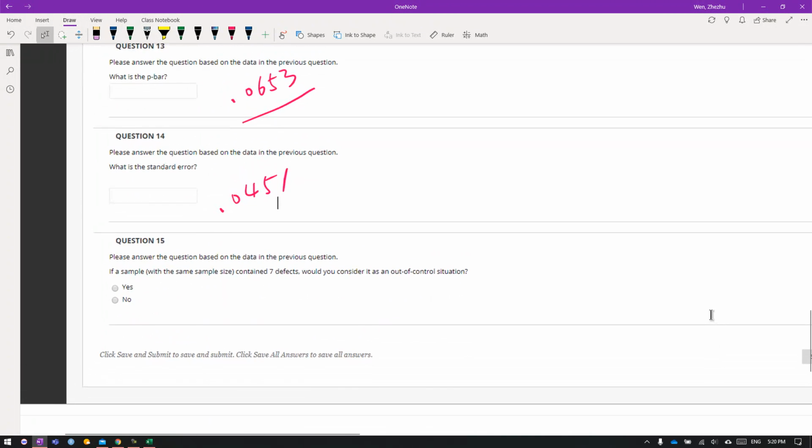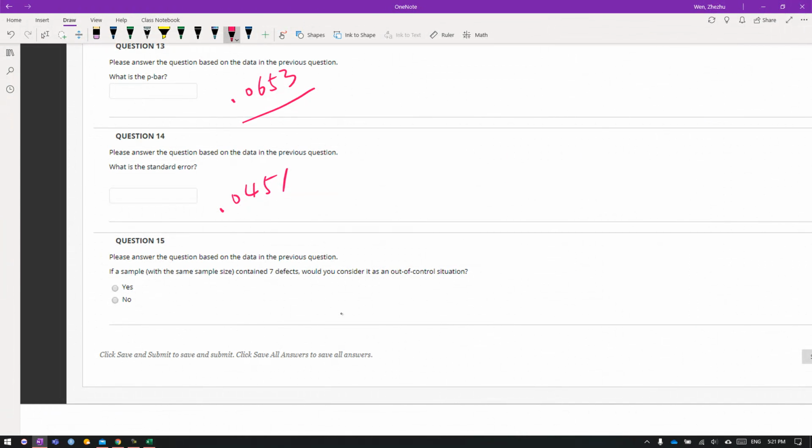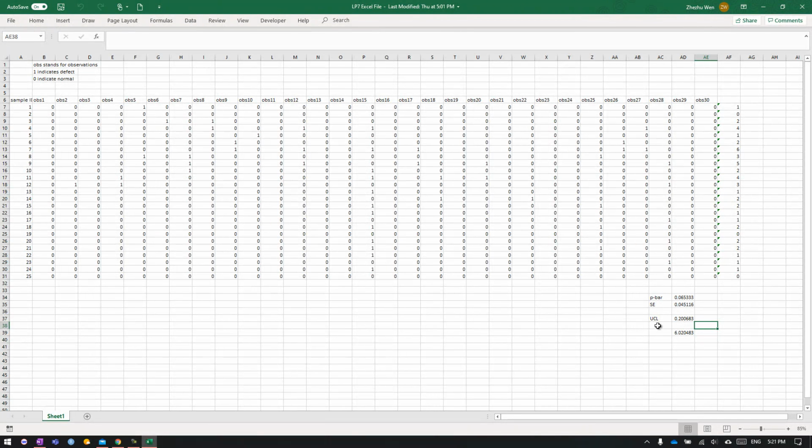If the sample contains 7 defects, would you consider it an out of control situation? I think I would consider it. You can either convert it into an NP chart, or even with the P chart you can still obtain the answer.